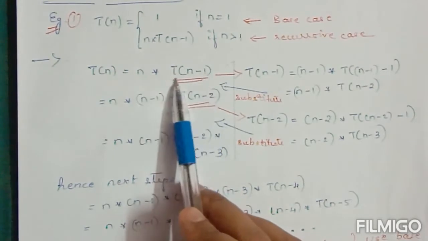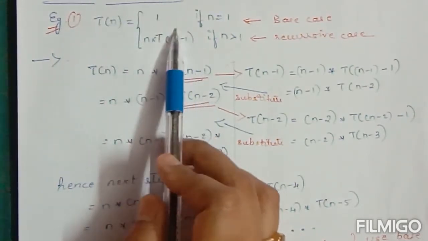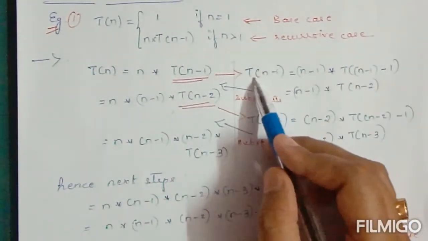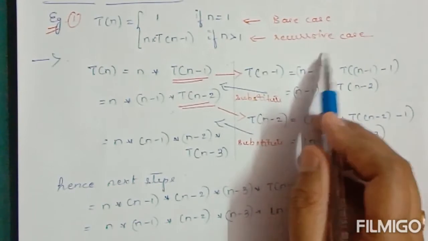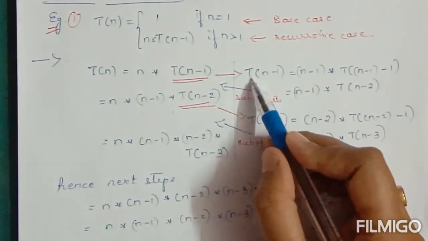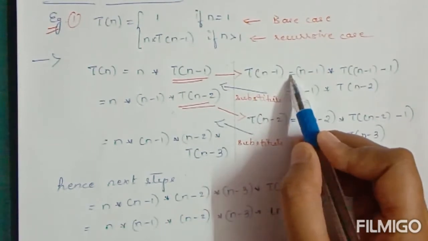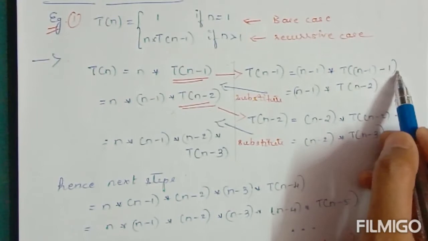Now we know that this T of n minus 1 again can be put here and we can get something. So what will be T of n minus 1? T of n equal to n into T of n minus 1, right? Now here our n itself is n minus 1.